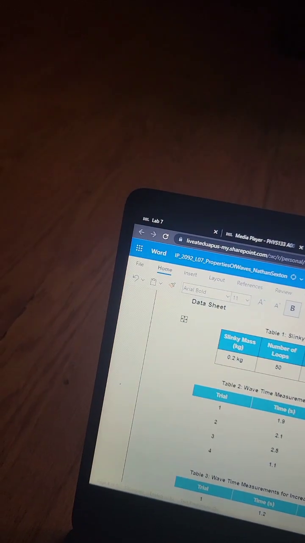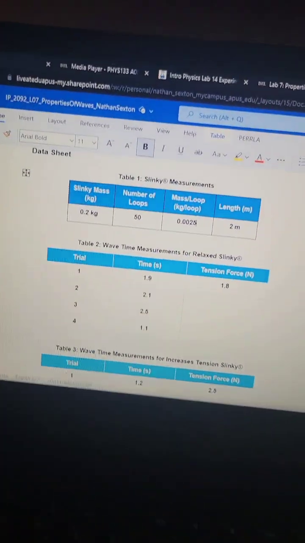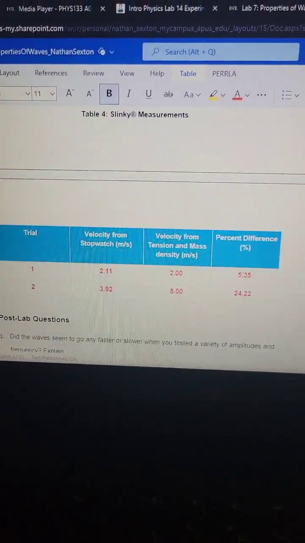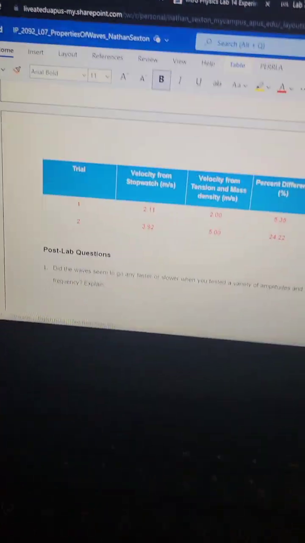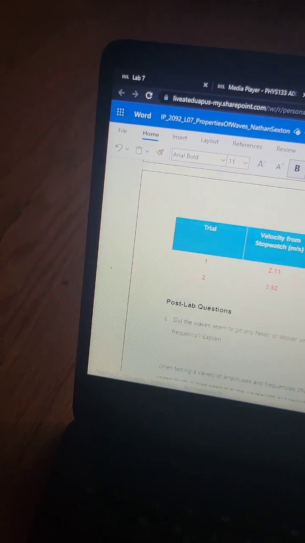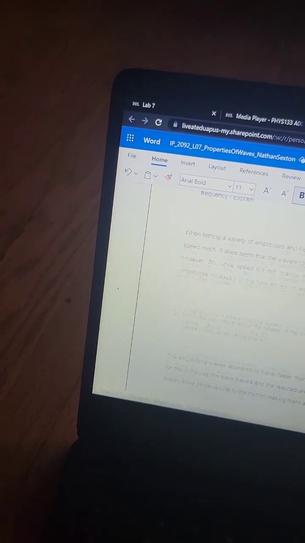Alright. Going down, we have our wave time measurements for our different tables. And this is one of the best parts, where we'll describe everything.